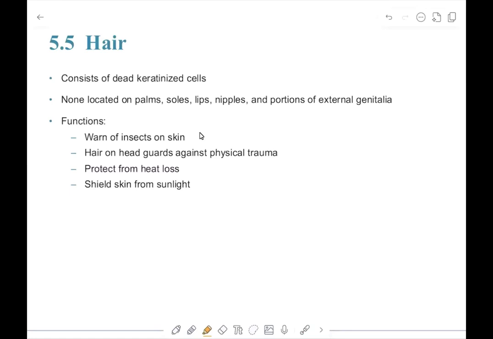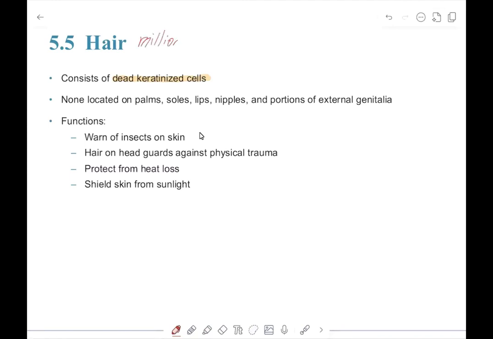Hair is considered to be what is called dead keratinized cells. So the process of keratinization has concluded by the time we reach the hair. Hair itself is pretty amazing.